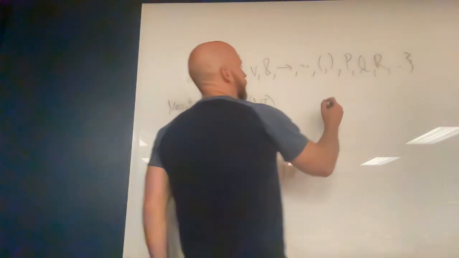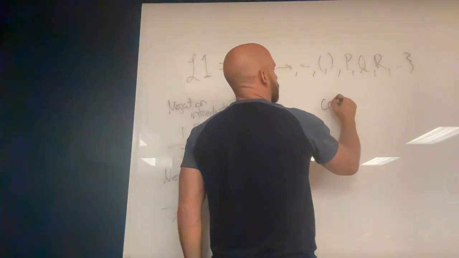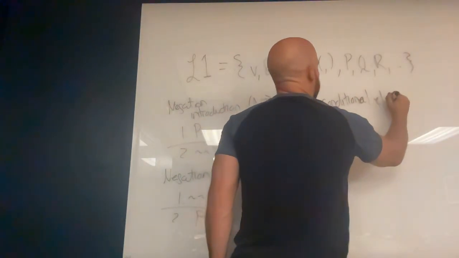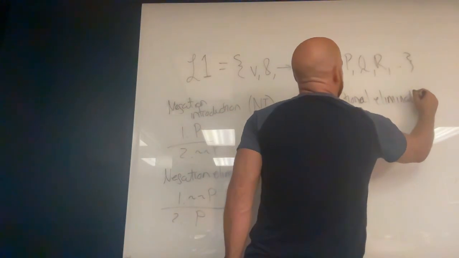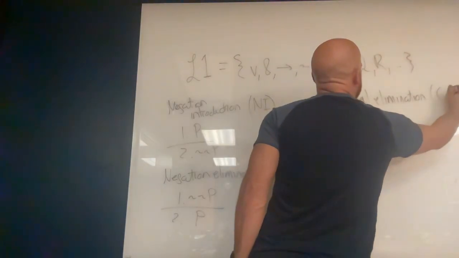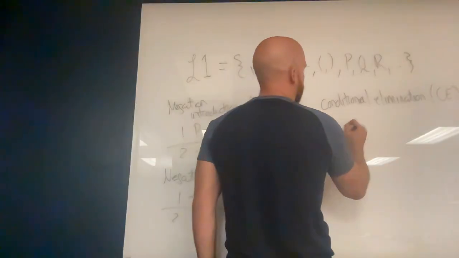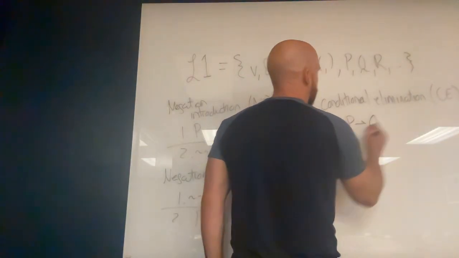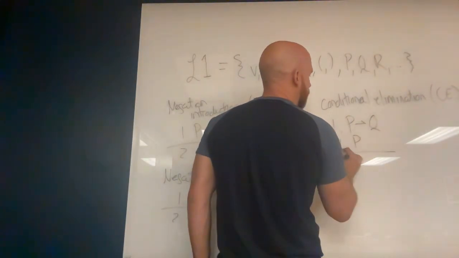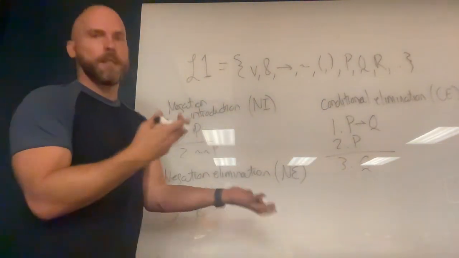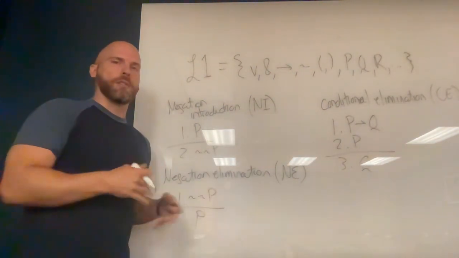There is also conditional elimination. Call this CE. This is also sometimes known as modus ponens. You have if P then Q. You have P, you can infer Q. So if P then Q is true, and P is also true, then Q follows.